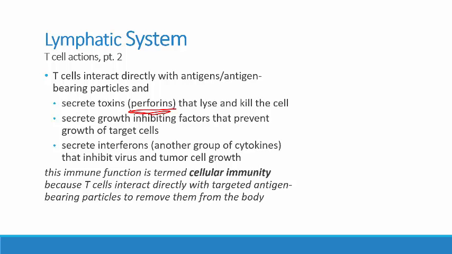So we talk about the action of T cells as being cellular immunity, because these T cells interact directly with the targeted antigen-bearing particles to remove them from the body by either lysing them, slowing their growth, or producing interferons that are going to inhibit the growth of a virus within nearby cells. Okay, so T cells provide cellular immunity to remove the targeted antigen-bearing particles.